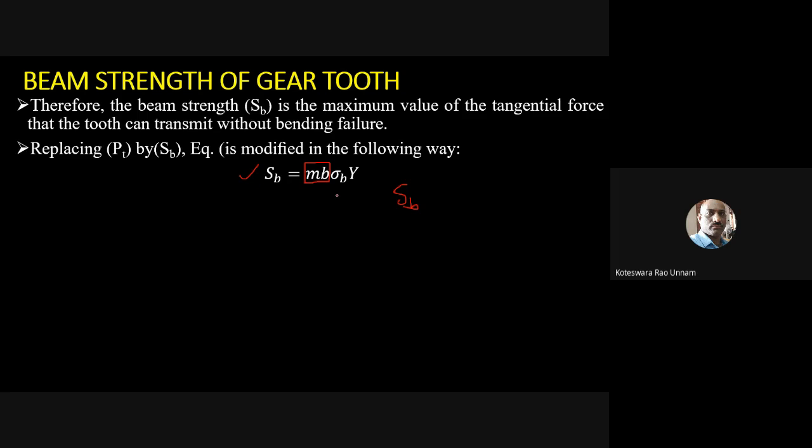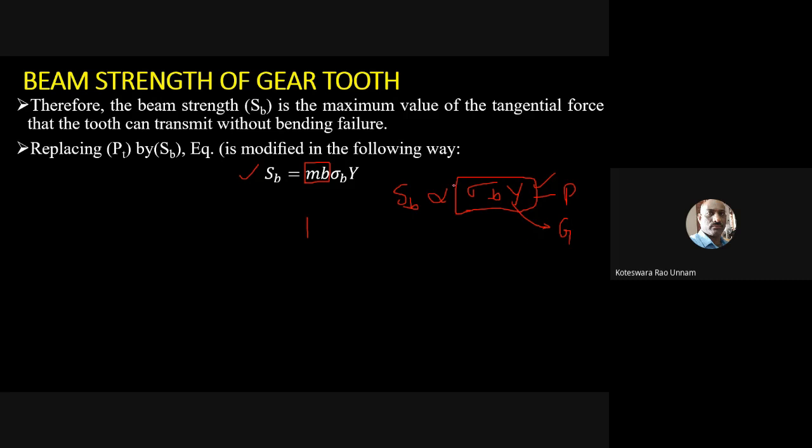Only S_B is proportional to sigma_B into Y. So you need to calculate the product of the allowable bending stress and the Lewis form factor, that is sigma_B into Y for the pinion, as well as sigma_B into Y for the gear. For both, you need to calculate this.